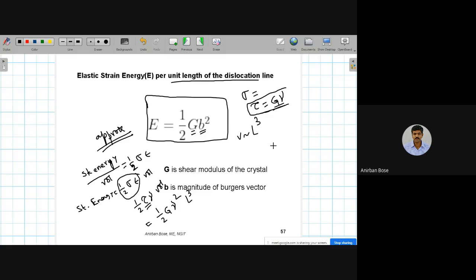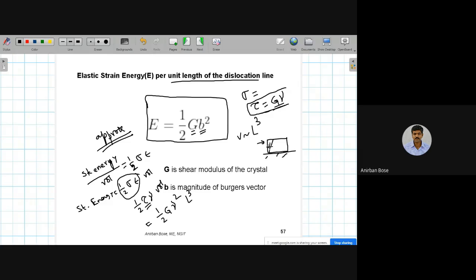Gamma is basically the shear strain. If you remember how we measure the shear strain, if you give a shear force, it will deflect by some angle, and that angle is a measurement of the shear strain.